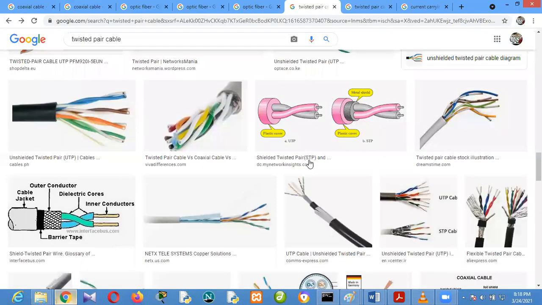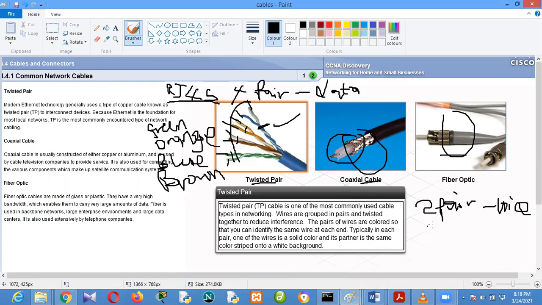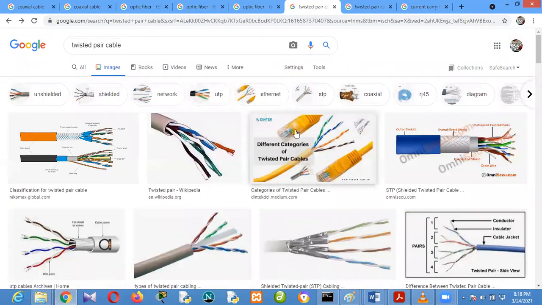It's smaller compared with RJ45. See the shape of RJ45, but RJ11, two pair, is RJ11. Now see the differences. This is RJ45.